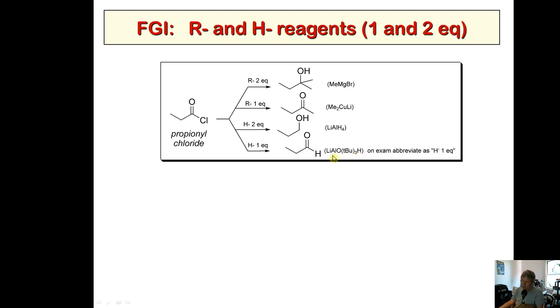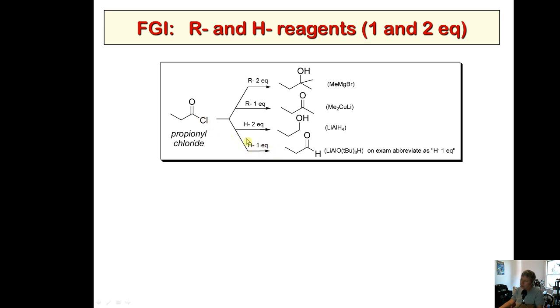This is an obscure H minus reagent, and on a closed book exam, I would say, just say H minus 1 equivalent, and I'll understand what it is. These are silly things to memorize, and I usually don't recommend memorizing silly things. This is definitely a silly thing, but it does something cool. It's an H minus 1 equivalent for an acid chloride.